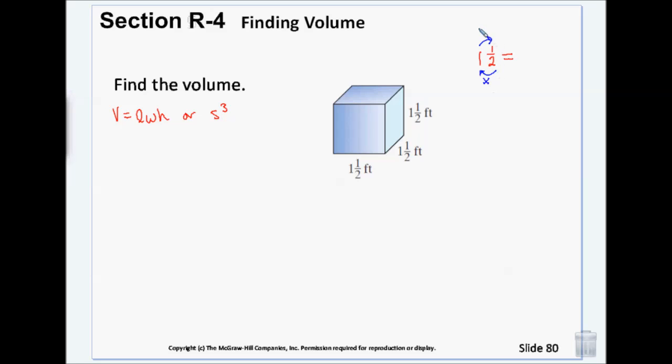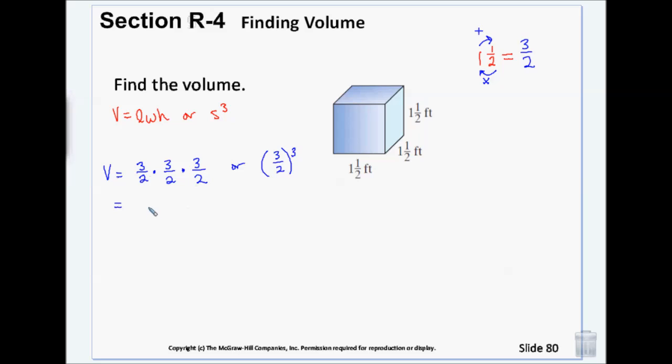I'm going to multiply and add, and I'm going to get 3 halves. So my volume is 3 halves times 3 halves times 3 halves, or 3 halves cubed. However you'd like to look at it, they're the same thing.